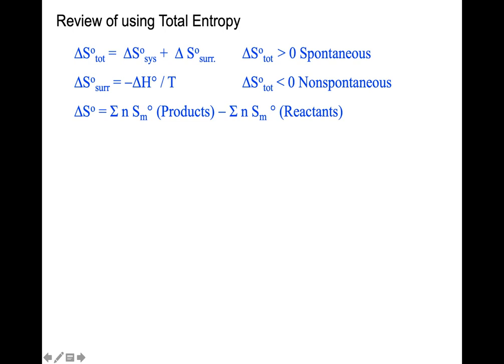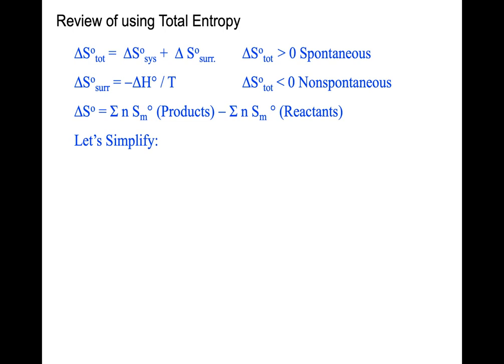And we could find the entropy of the surroundings using the enthalpy, delta H, of the system divided by the temperature at which that happens. If we add all of that up, we can get the total entropy change. If that's positive, it's spontaneous, and if it's negative, it is non-spontaneous.